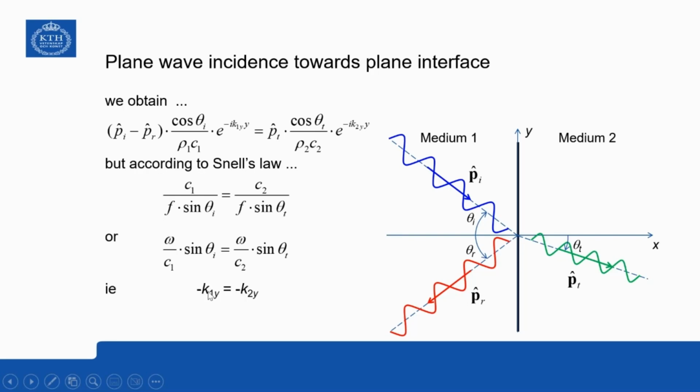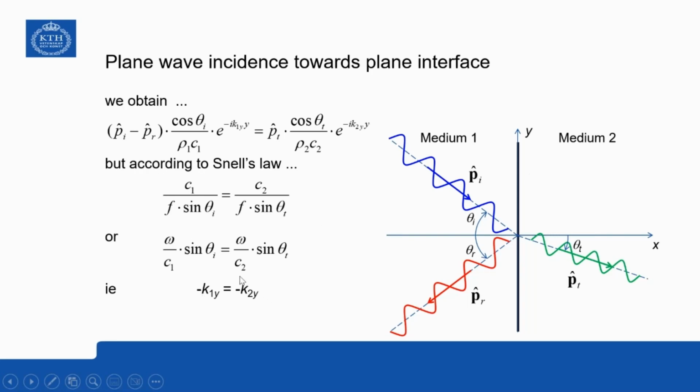And that means that this equation here is actually the same as saying that the y component of the wave number vector in medium 1 must be equal to the y component of the wave number vector in medium 2.